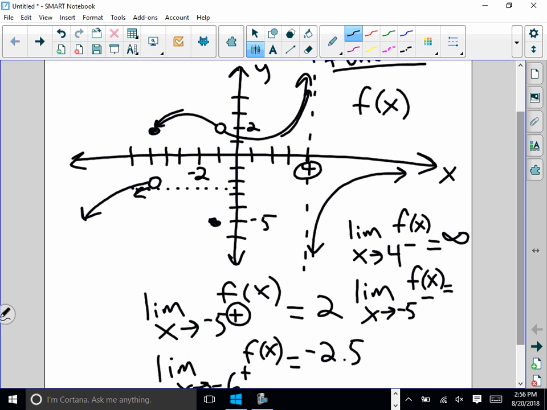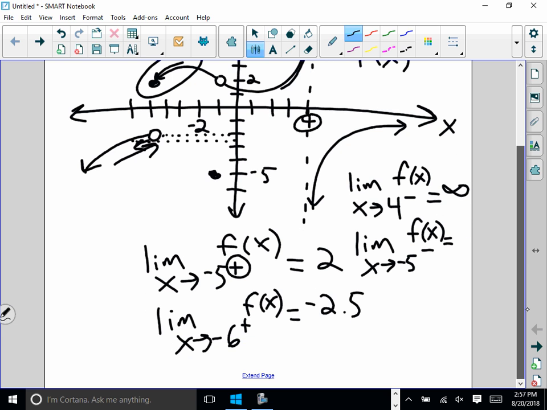Okay, well, once again, now we're approaching -5, just like we did up here, but that was the right-hand limit of -5. Now we want the left-hand limit of -5. As we approach -5 from the left side, we see that our y value is approximately -2. Put the answer down here, -2.